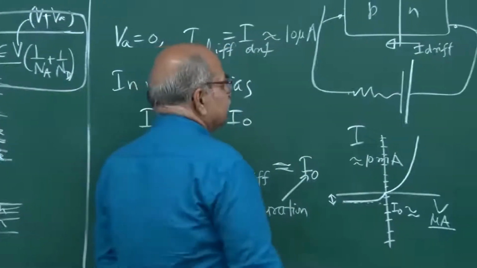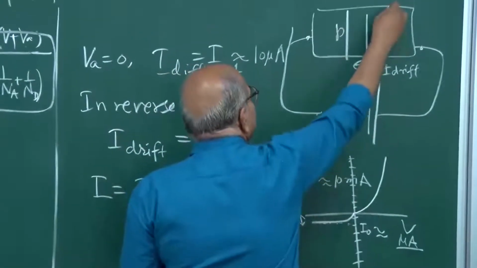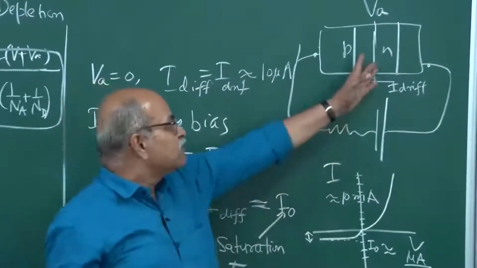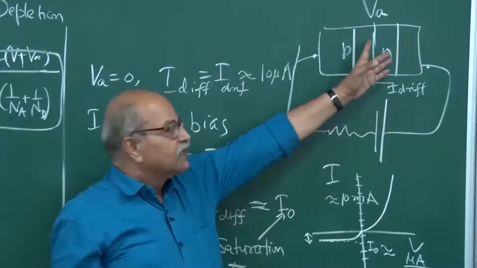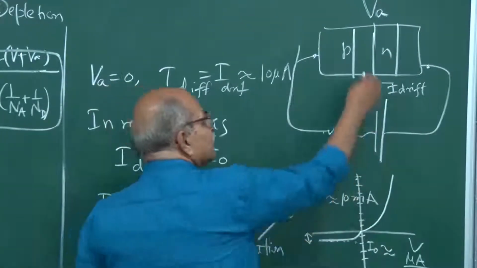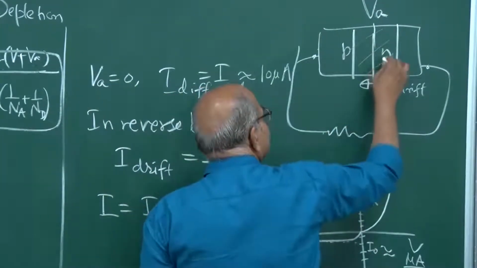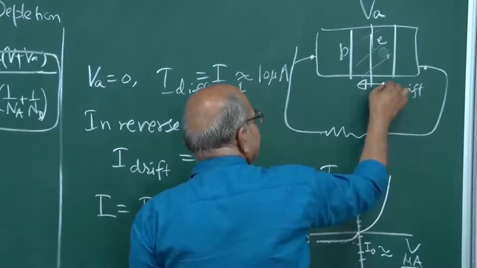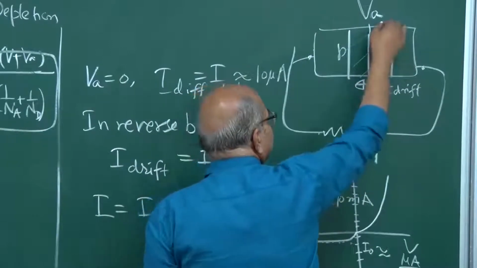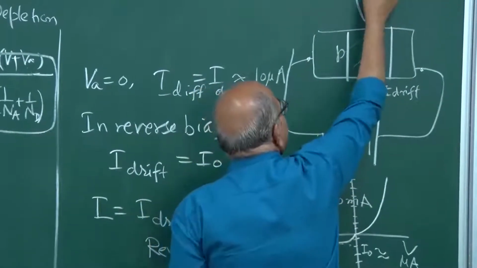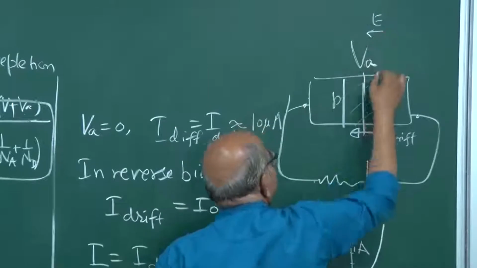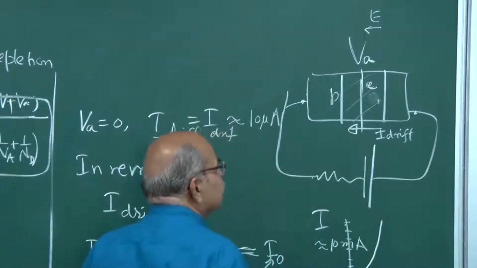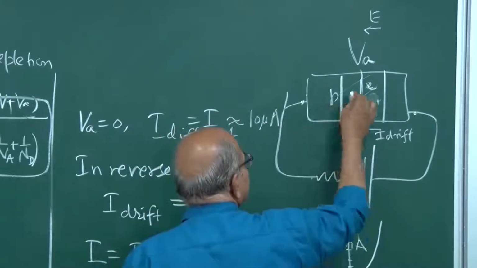So, for the electrons or the holes which are drifting because of the electric field, an electron hole pair is generated in this depletion layer, and that electron is, this is the drift, this is the direction of electric field, and therefore the electrons will go in this direction and holes will go in the opposite direction.